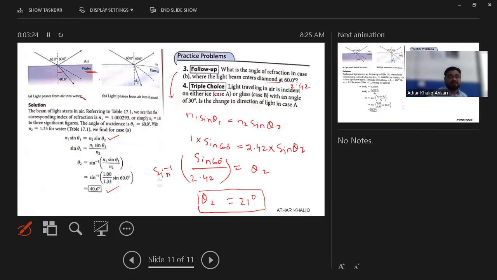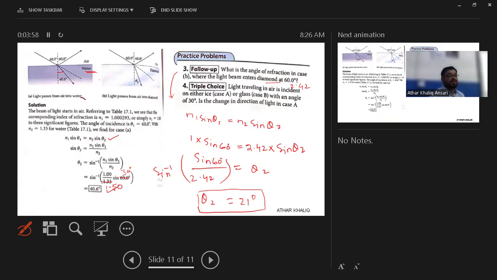In the other case, light traveling is incident on either ice or glass with an angle of 30 degrees. So the same question, the incident angle is 30 degrees, and now the light enters either the ice or glass. If it is glass, you will put 1.5 as the refractive index. So this question will be the same if you change the angle: 60 degrees changes into 30 degrees and 1.33 changes into 1.5.